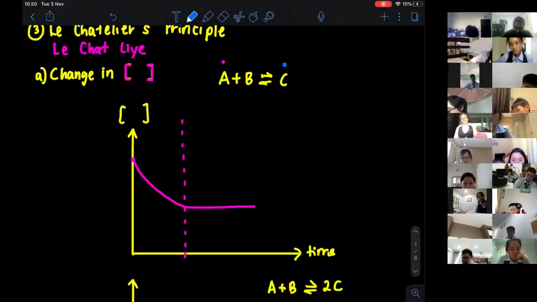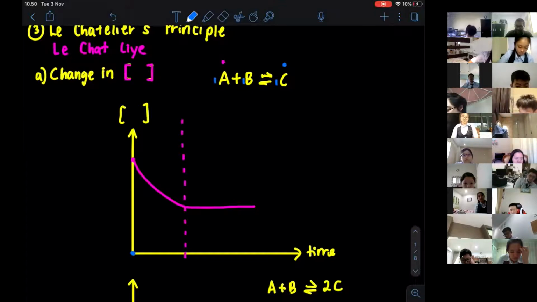No, there's no time to react. Okay, it is 0. Now we know that when it is reacting, the concentration will increase because the product is being formed. Now, you see the number of moles is 1 mole, 1 mole, and 1 mole.